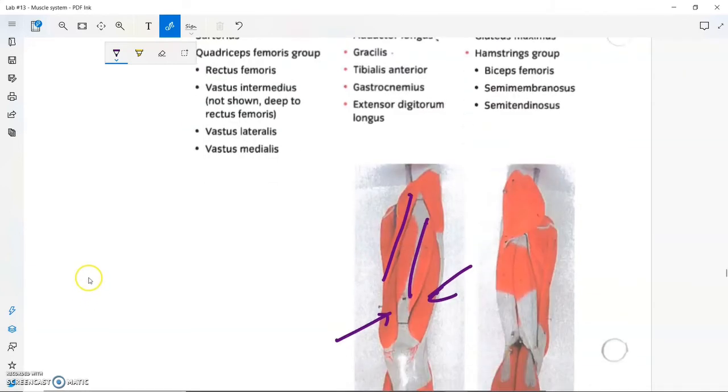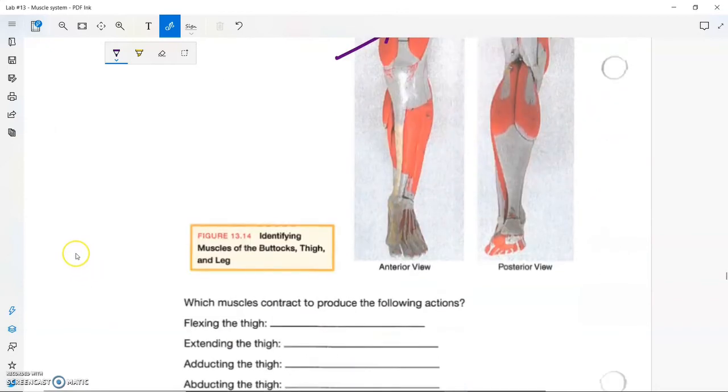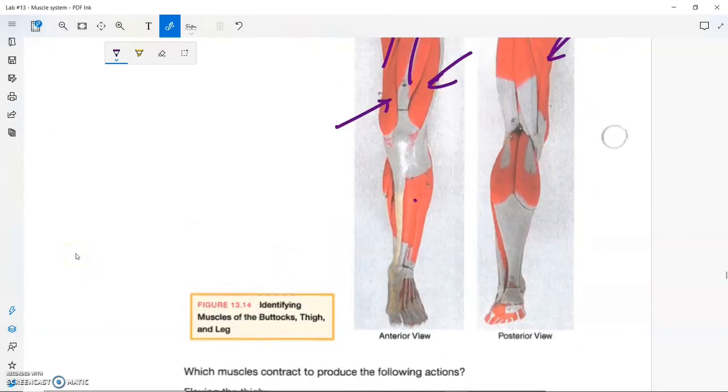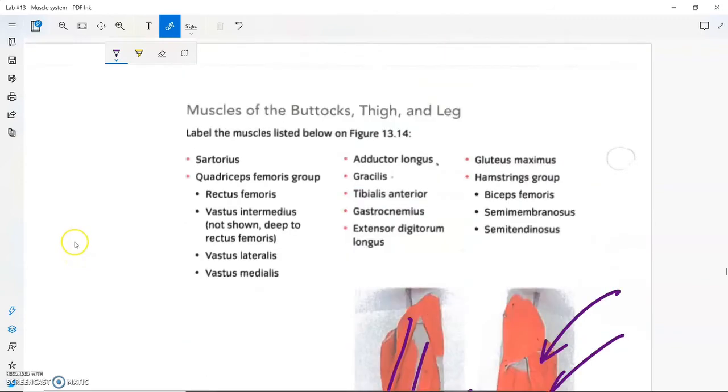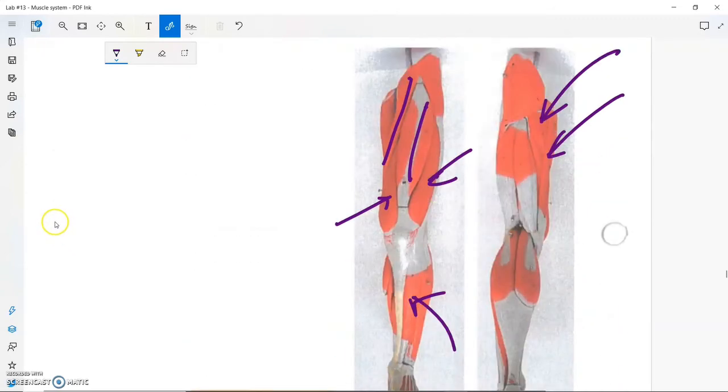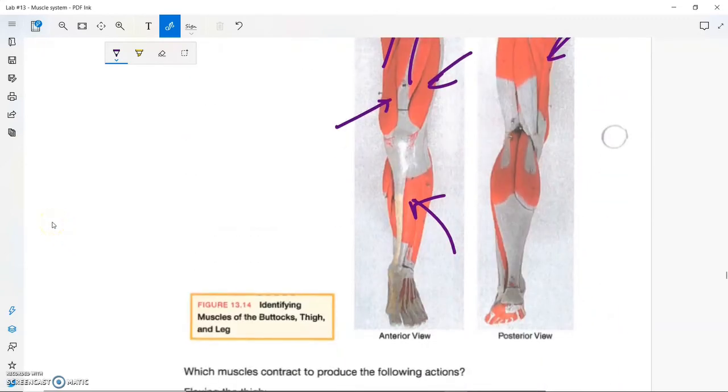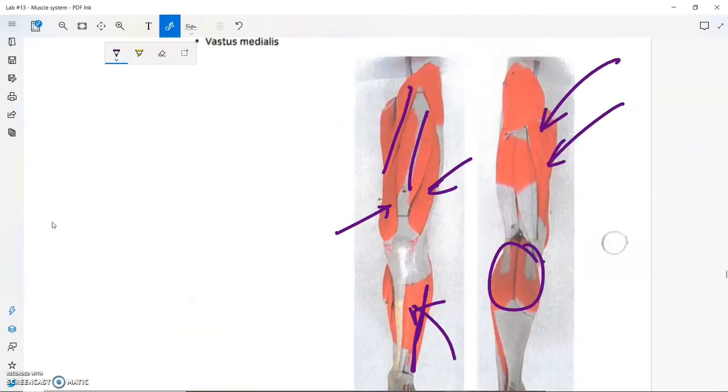Adductors. So you have adductor longus right here, gracilis muscle, tibialis anterior, right over here. Gastrocnemius is this. Extensor digitorum is this muscle right over here.